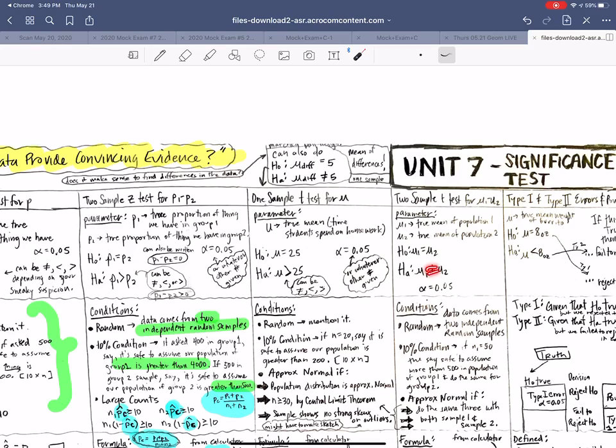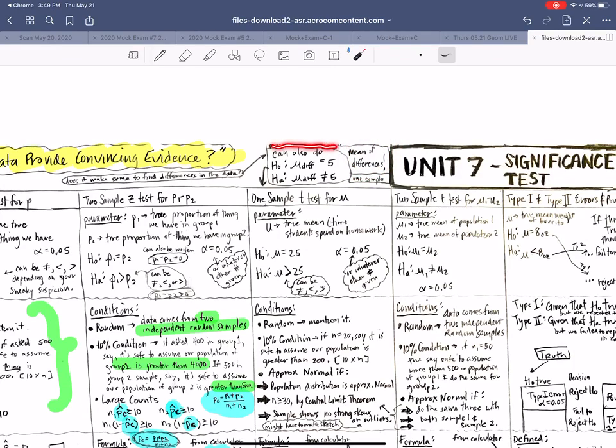And so you have a sneaky suspicion that the average amount of homework you do is different depending on which class you're in. So we should assume the null hypothesis is that they are the same. Now these are two separate groups, and so you should define your parameter as the two means of population 1 and population 2.